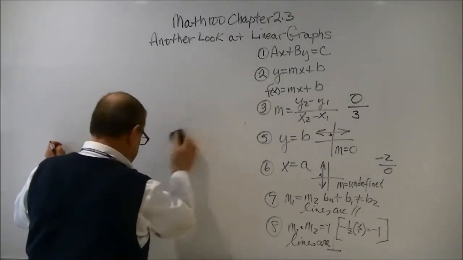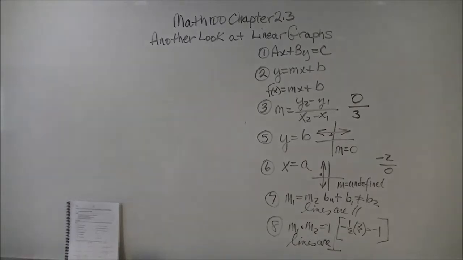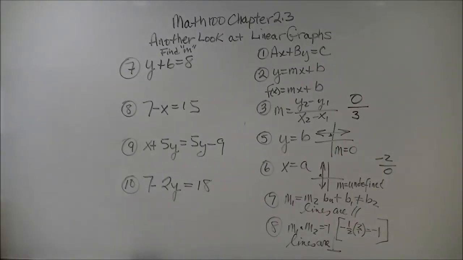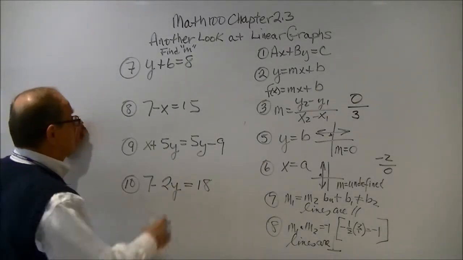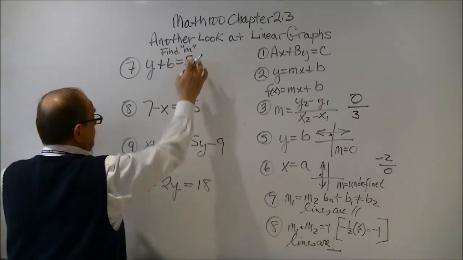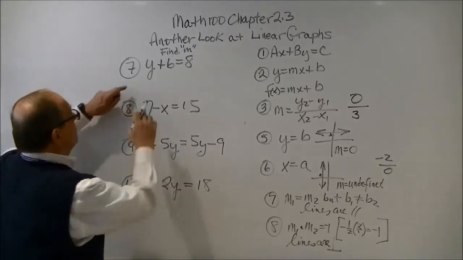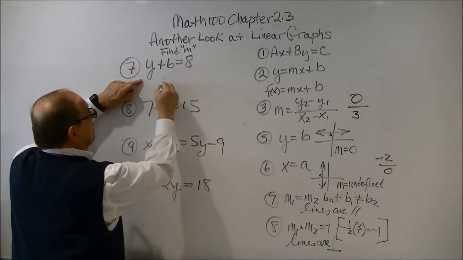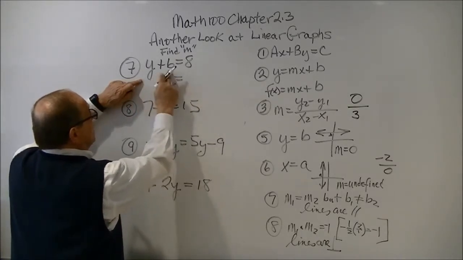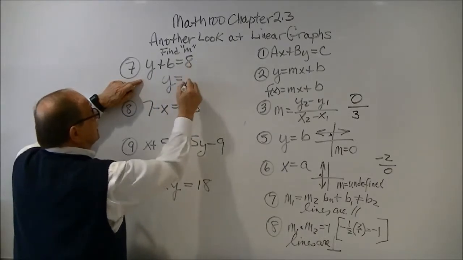So let's start with our examples. For examples 7 through 10, they want you to find the slope, that is m. So here we're going to solve the equation for y. Y equals, and we're going to transpose the 6, it becomes a negative 6.